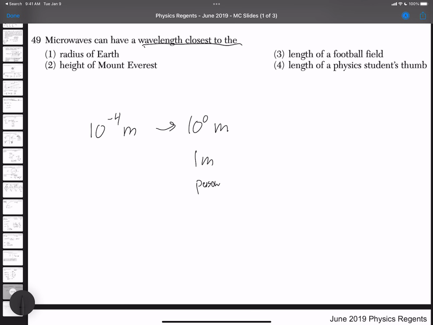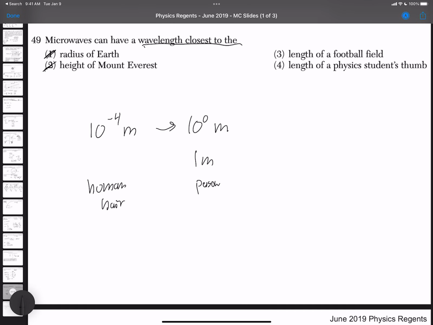So again, what are we talking about? We're talking about things kind of like a human hair-ish, okay? We're talking about things on the scale of like a person, right? So things like the radius of the Earth, that's way too long. Things like the height of Mount Everest, that's way too tall.